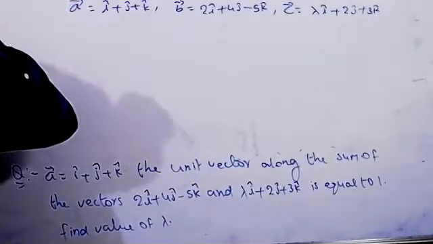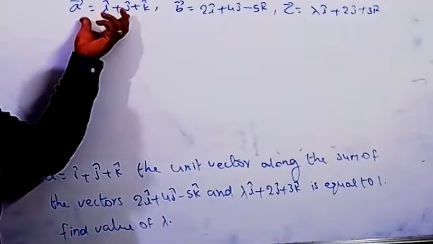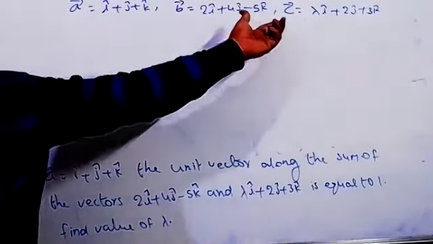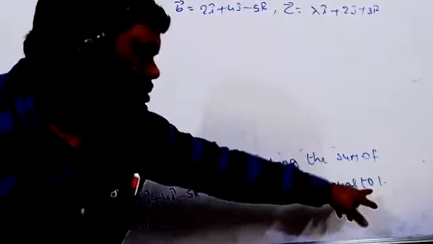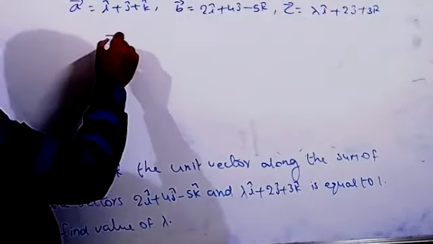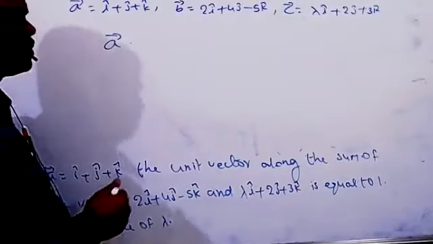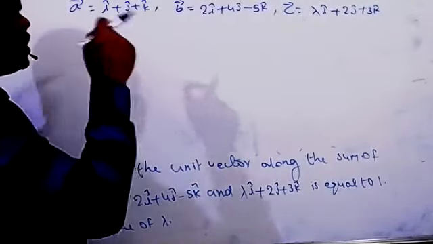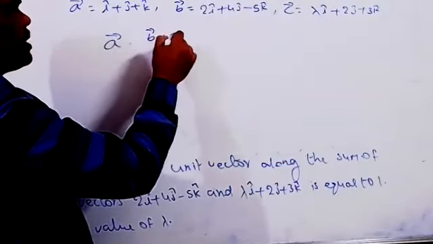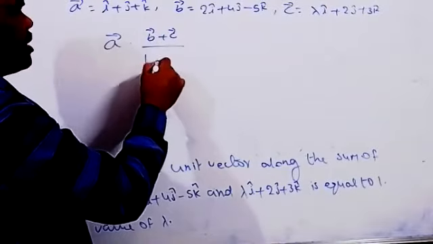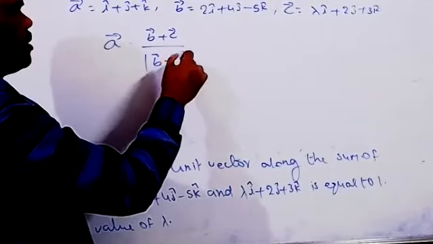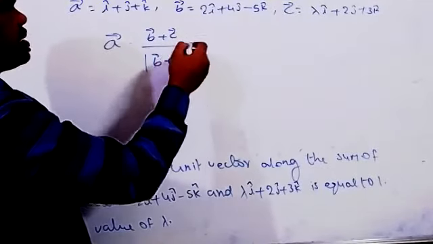Now we have to find that the dot product of A and the unit vector of the sum of these two vectors is equal to, how much is given now? 1 is given. That means you can write the formula here now: A dot, what is the unit vector of the sum of these two vectors? B plus C whole by the magnitude of B plus C, correct?